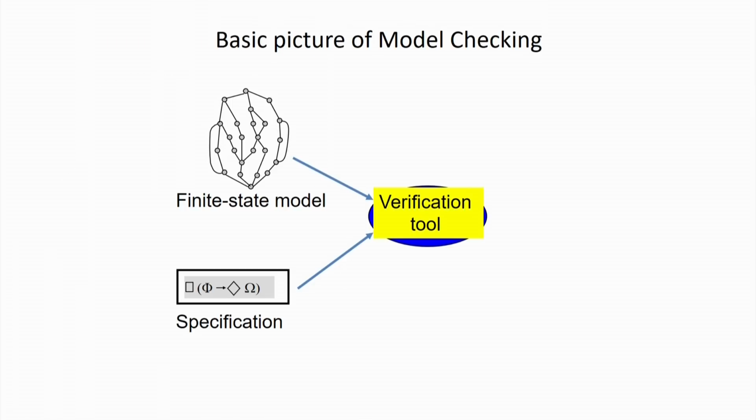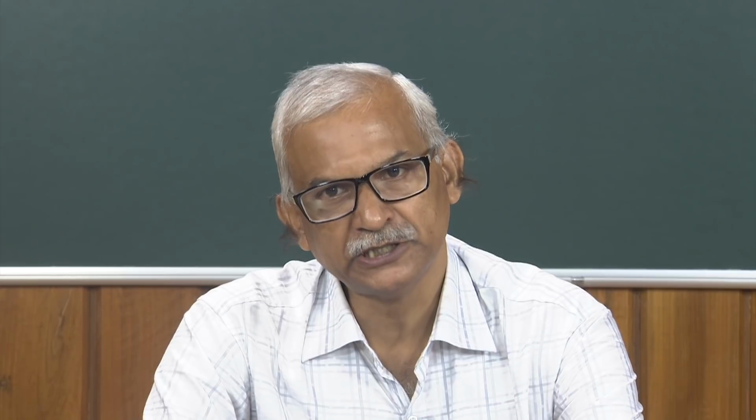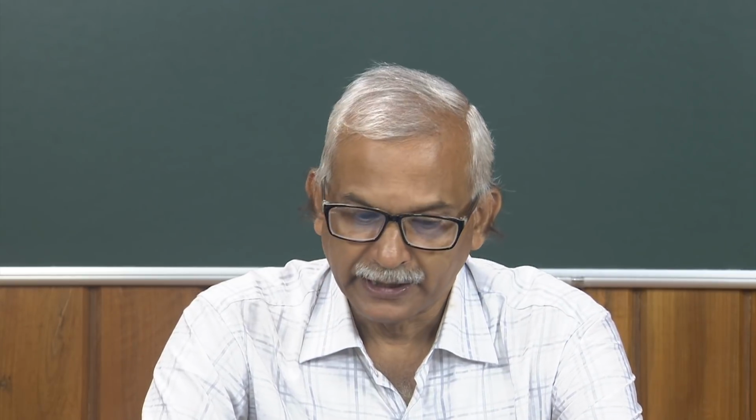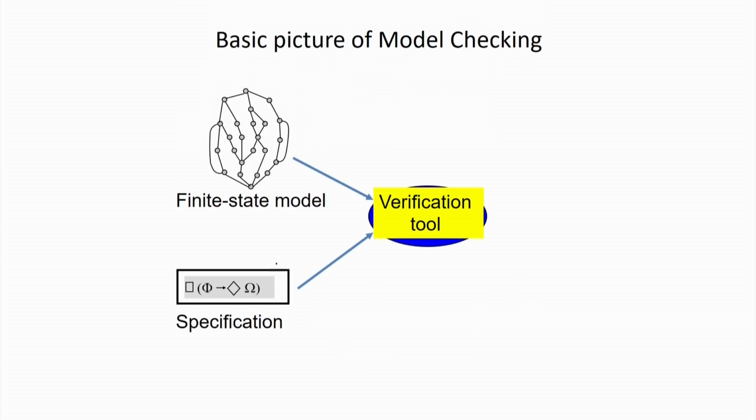So, we are going to have this particular model, and the specification has to be given in some specification language which has a proper syntax, and that syntax has been given a proper semantics. So, here we are just giving some symbols, box phi implies diamond psi. This is one kind of language through which you can specify the properties.